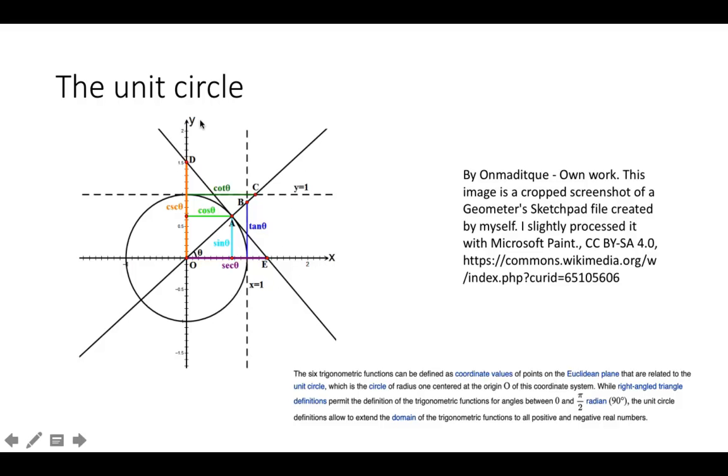It's centered on the xy axis, and the angle is defined in the counterclockwise direction from the x-axis. So here we have a point on the unit circle, point A. Because the hypotenuse has a length of 1, the vertical dimension turns out to be the sine of theta. The horizontal dimension turns out to be the cosine of theta when the angle is theta, and the length of the hypotenuse is 1.